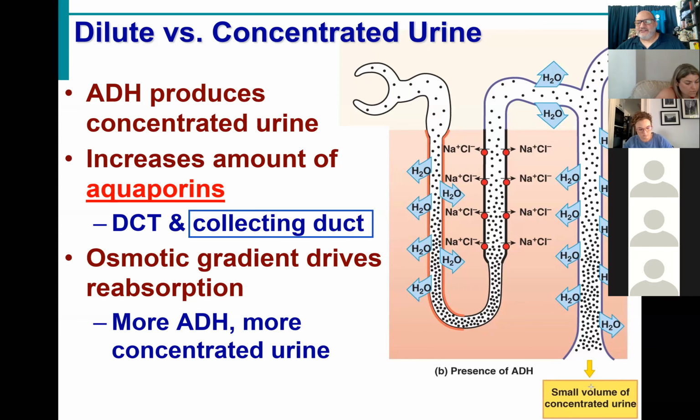It is not until it leaves the collecting duct that it's finally done being processed, and we call it urine. And so the more antidiuretic hormone we produce, the more aquaporins we express, the more concentrated the urine is going to be.